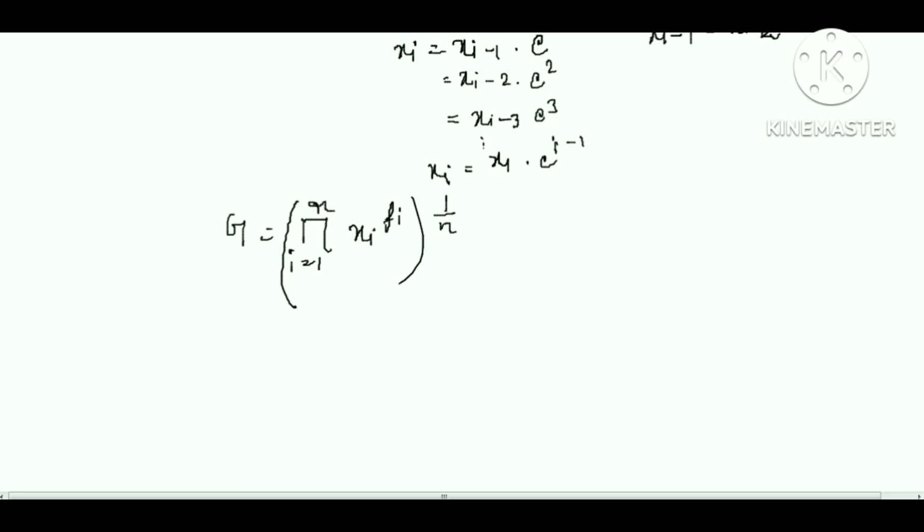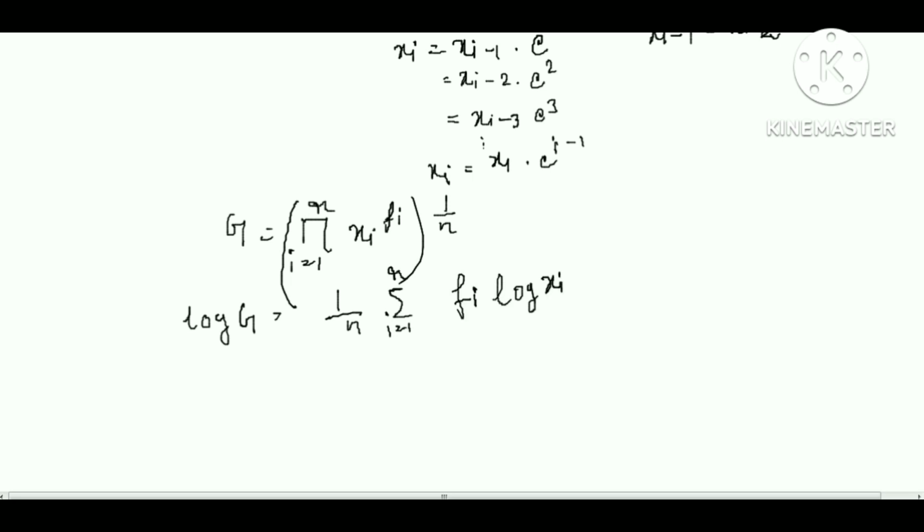If we take logarithm on both sides, then we have log G equals 1 by n summation i ranging from 1 to r f_i log x_i.